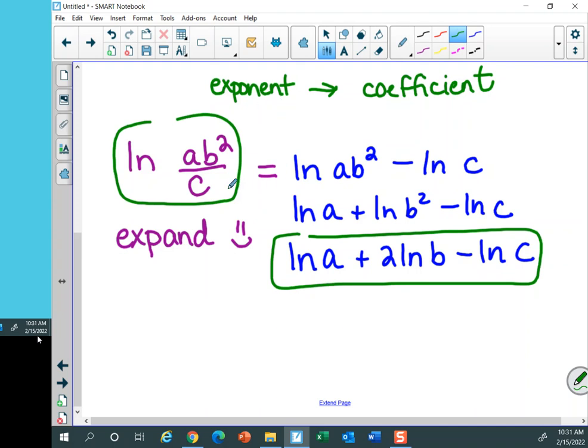In pre-calc, we practice doing that in the logs and exponential unit. And we do a lot of going backwards, pushing things back together in equation solving, because in equation solving, it's a lot better to have a single log expression than a bunch of them.